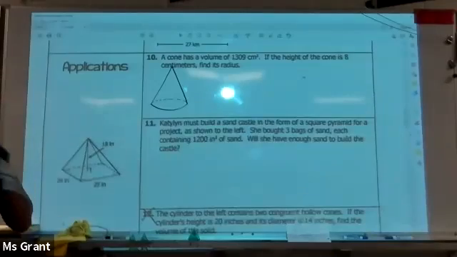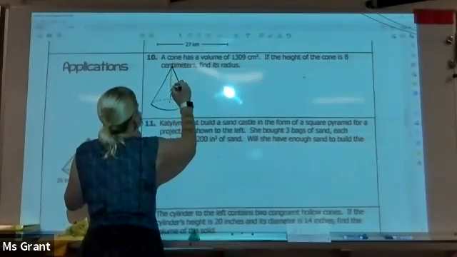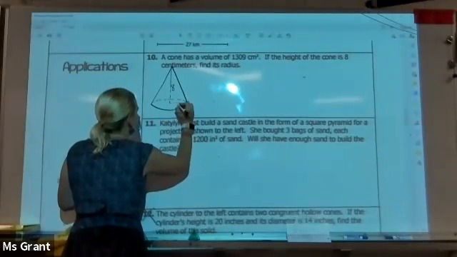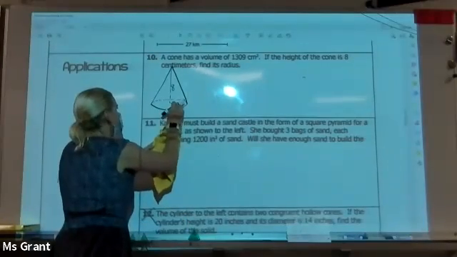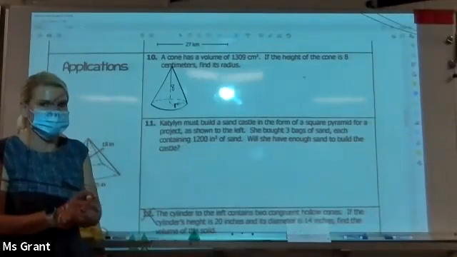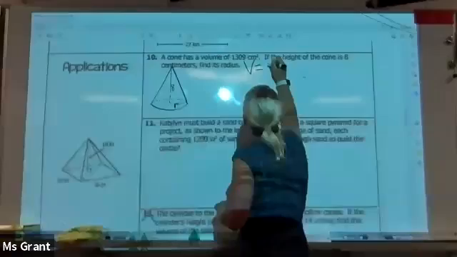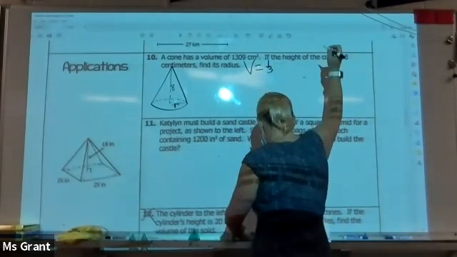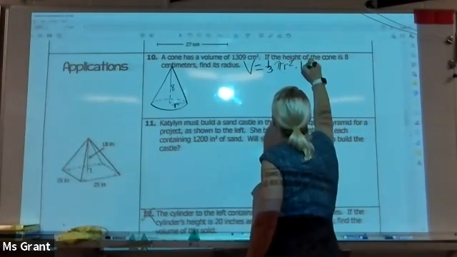It has a volume, so I know the volume already. The height of the cone is 8. What's the radius? I can put R. The formula is volume equals 1/3 pi r squared times height.